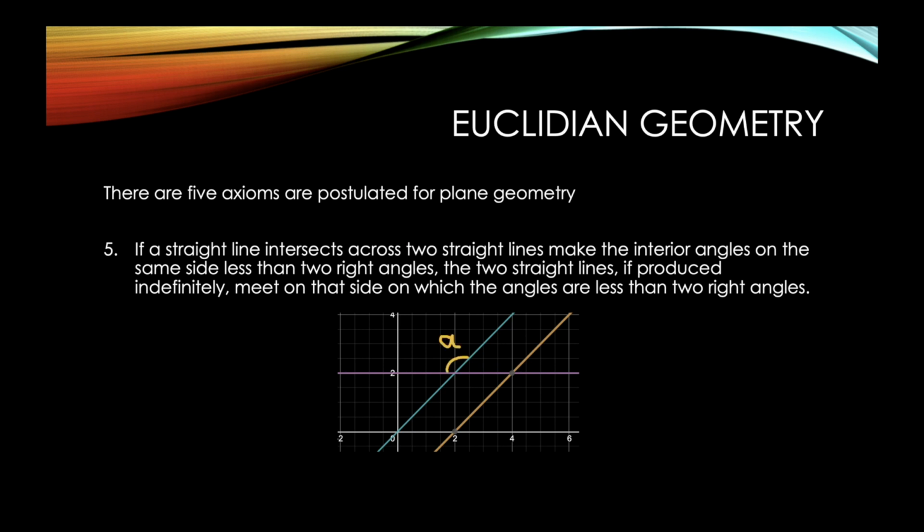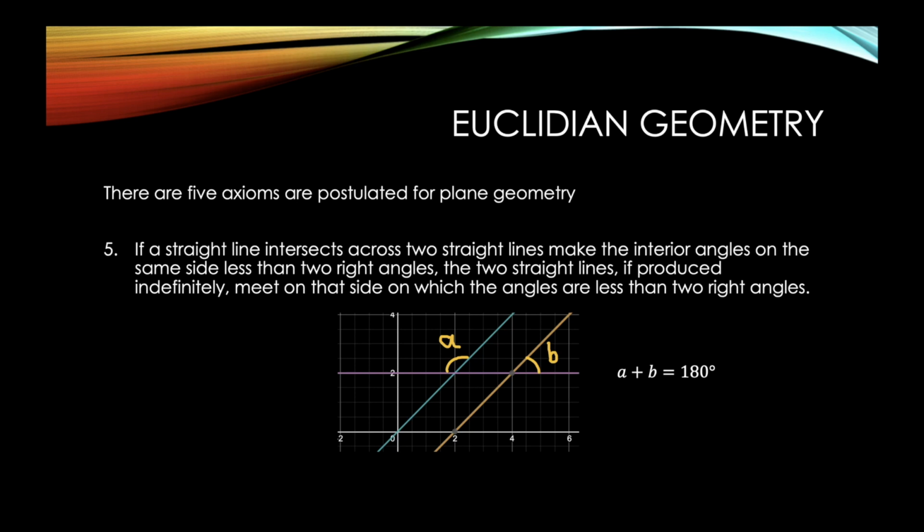So if you take the obtuse angle, here we label as A, and you take an acute angle, here we label as B. Now, the sum of these 2 angles must equal 180 degrees. And if they do, the 2 diagonal lines which just got intersected by that straight line are parallel to each other. And that means they'll never meet on this bit of graph paper, and they never will do.